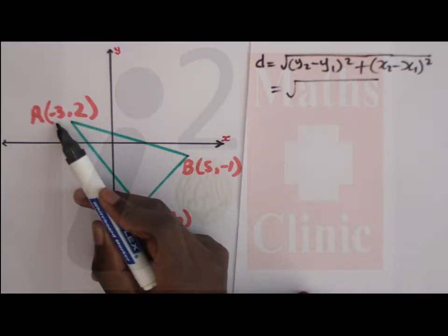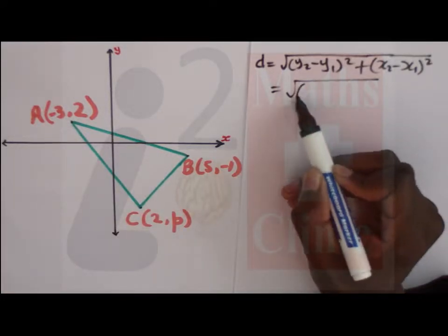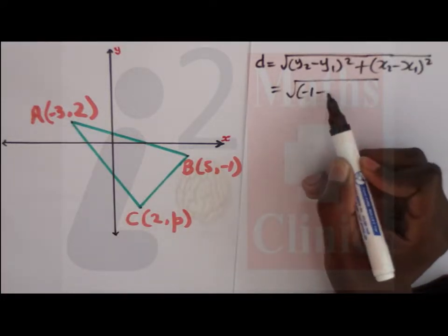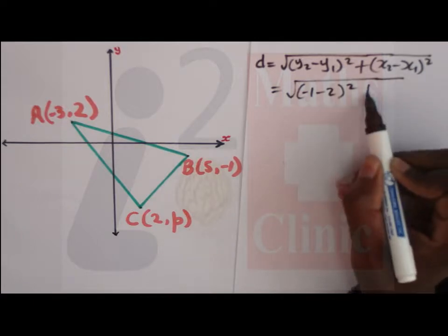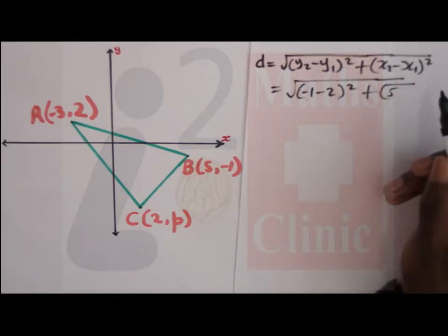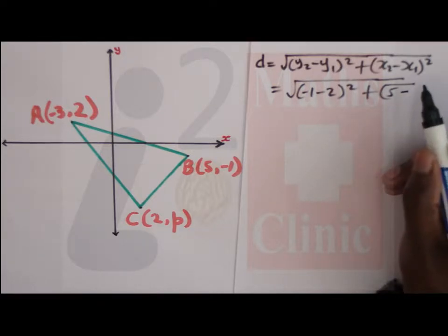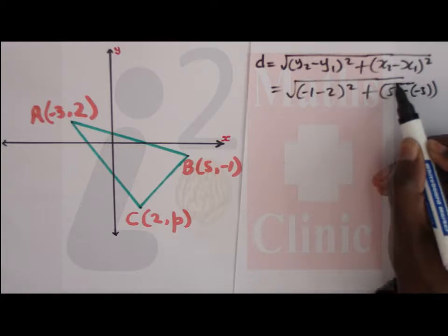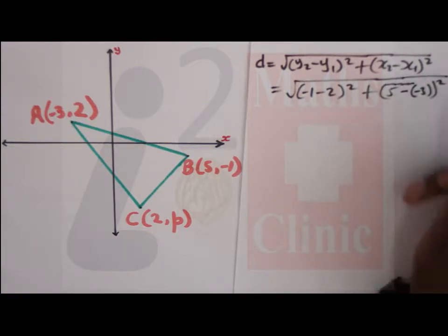y1 is the y value of point number 1, and x1 its x value. Okay, so y2 is -1, y1 is 2, plus x2 is -5, x1 is -3, so it's a -3. Okay, so this is all squared. Now mind the line part, so this is all squared.